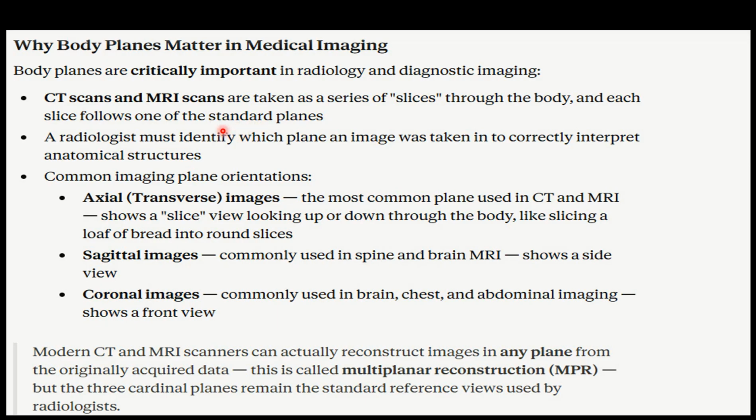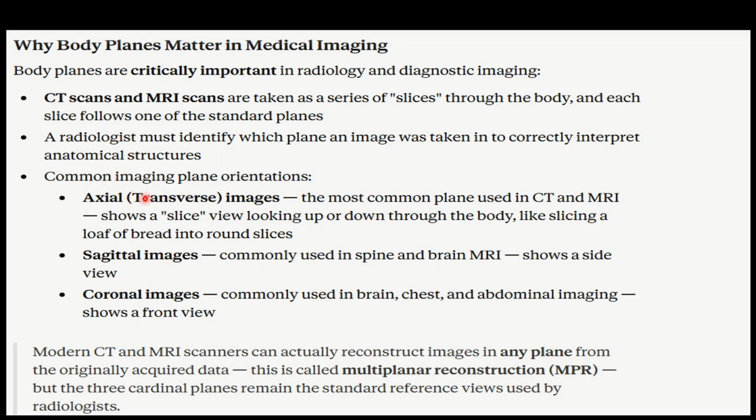If you don't know about the standard planes, you will not be able to interpret the images correctly. Therefore it is mentioned that a radiologist must identify which plane an image was taken in to correctly interpret anatomical structures. Very important.